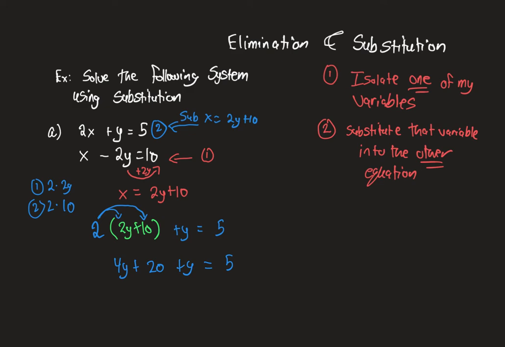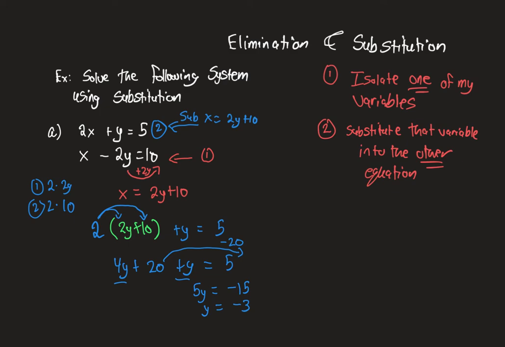All right. You're then going to collect your like terms and move the 20 to the other side. So you're going to have 5y is equal to negative 15 because you're going to have 5 minus 20. And divide both sides by 5, giving you negative 3.